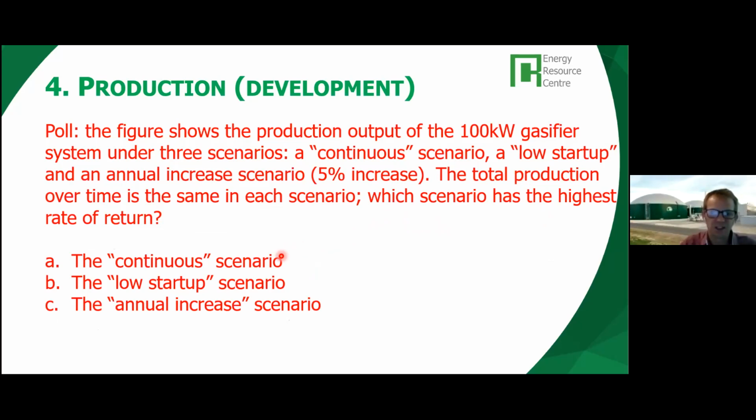Is that the continuous scenario, where you have a flat line, is that the low startup scenario where you have an initial low output but then a somewhat higher average output, or is that the annual increase scenario where you have the 5% increase per year? And now I will start the poll.